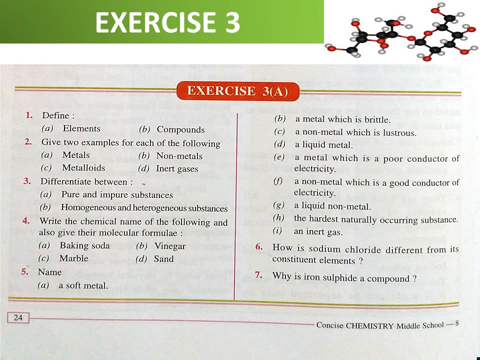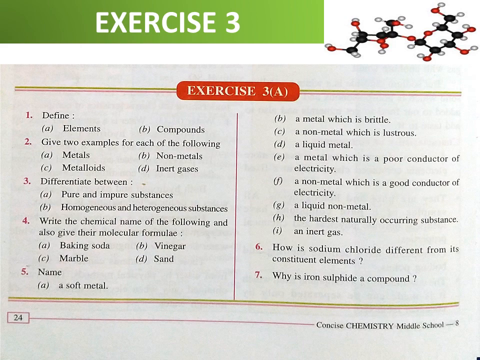The properties of the elements belonging to the compound are different from the properties of the compound. Example, water. Hydrogen is one element present, another element is oxygen, and the properties of hydrogen and oxygen totally differ from the properties of water.